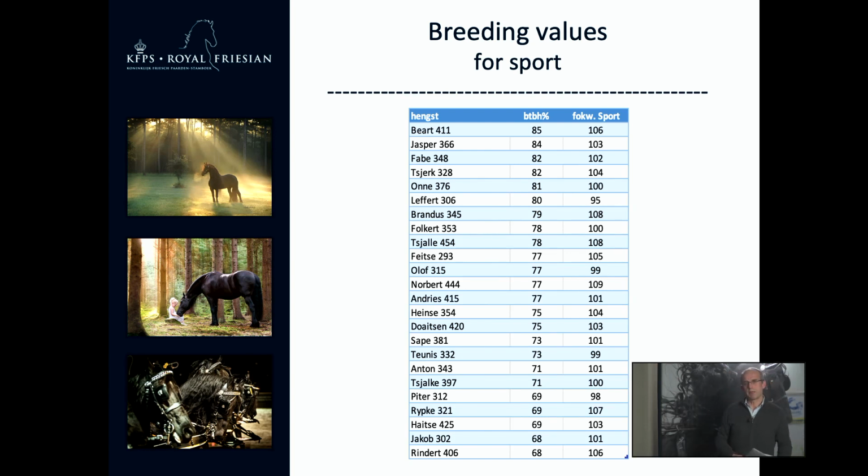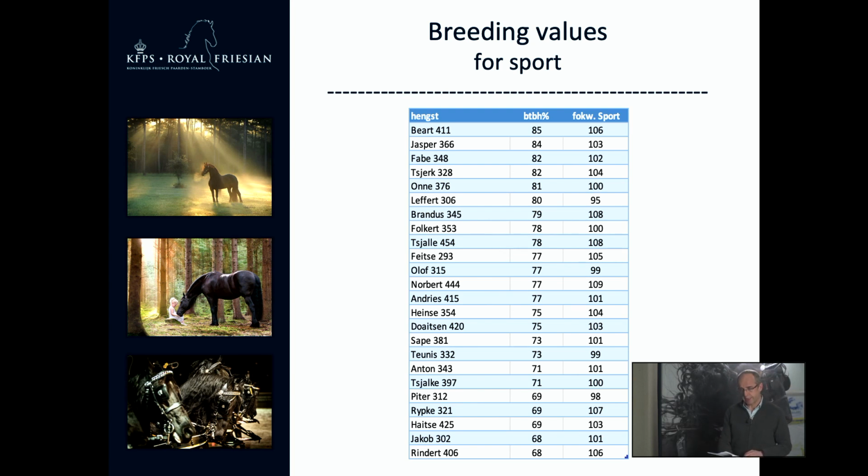And of course, we are focusing on our breeding program more on performance tests because they're higher reliable, have a higher heritability, and the information is coming earlier because we're testing 3- and 4-year-olds. But in the end of the day, you want to have also the information of the sport results because the performance tests are predicting the aptitude for sport, and the breeding values for sport is actually based on the sport trait itself.